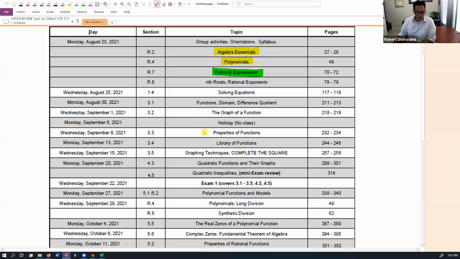So notice here that Monday, September 6th is a holiday. So if we do go back, we actually wouldn't go back till the 8th. I haven't heard anything saying that we are not at this point. I would hope that by Wednesday we would know if they're going to change anything, but I will let you know if I hear something. Okay.